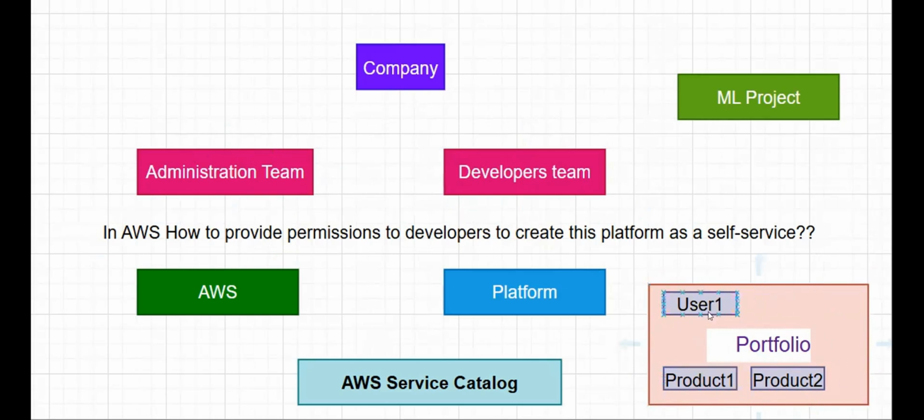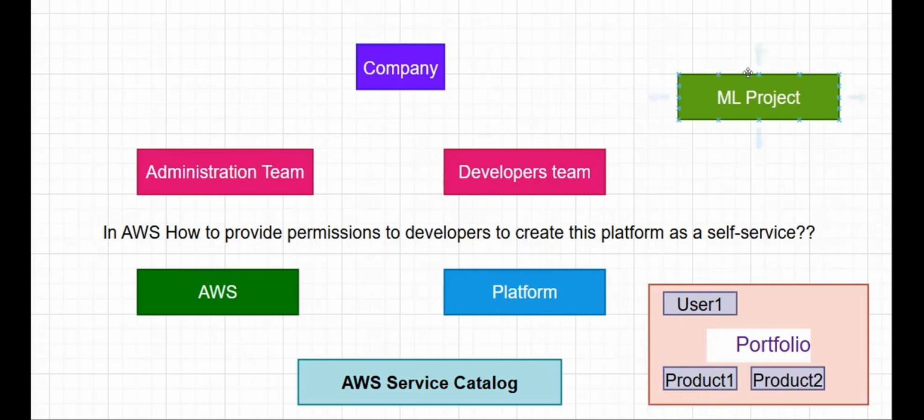After doing all this, we will log in again as the development team user and try to launch the product, nothing but the platform, and write some sample code and test it as well.